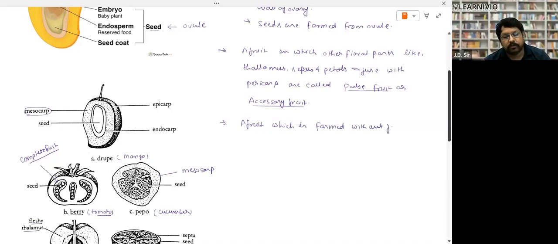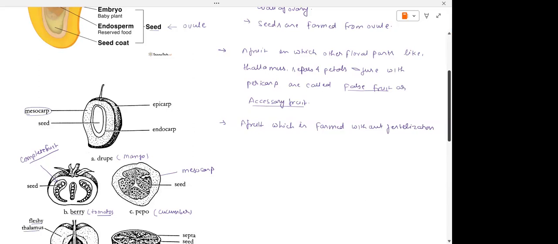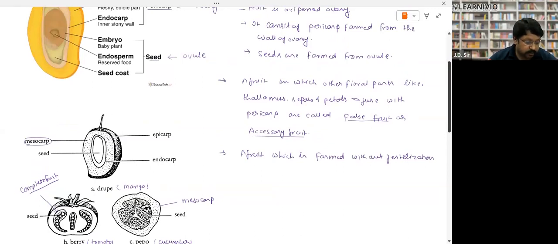Without fertilization are called parthenocarpic fruit. Look, parthenocarpic fruits are those which are formed without fertilization.